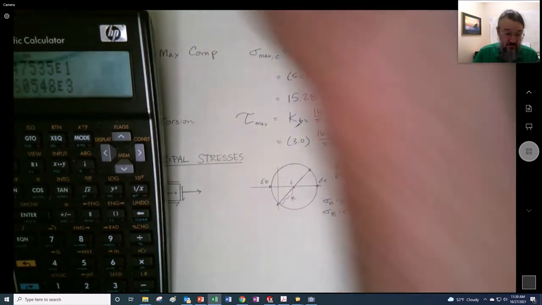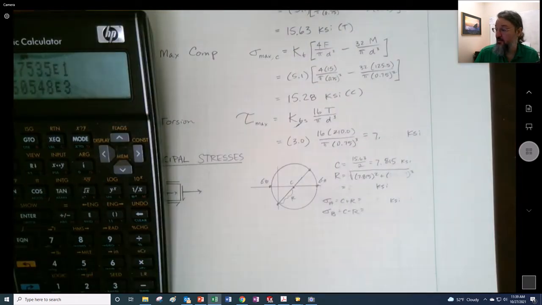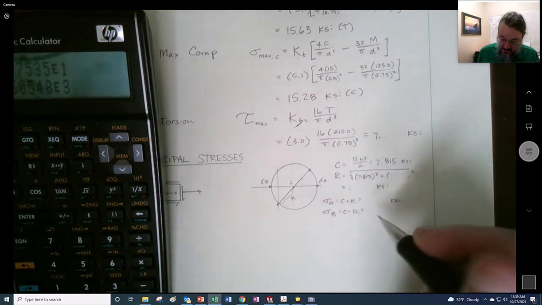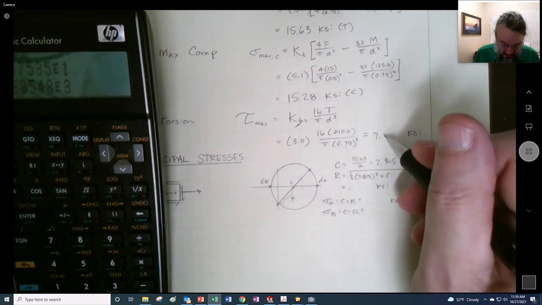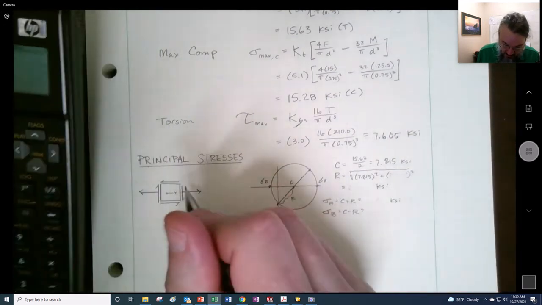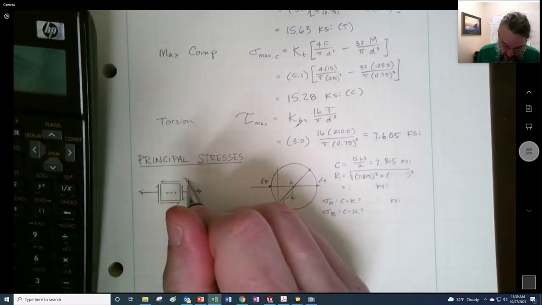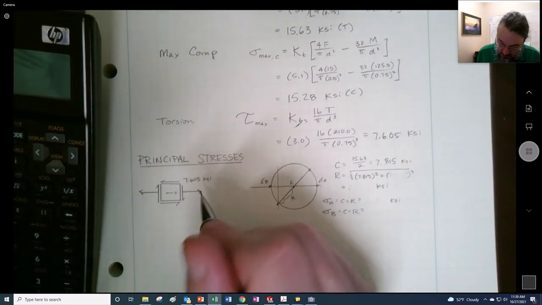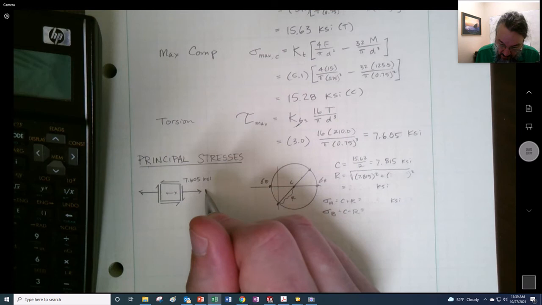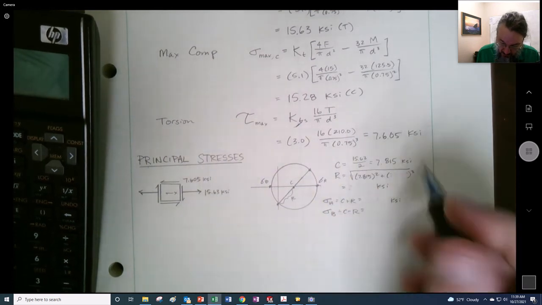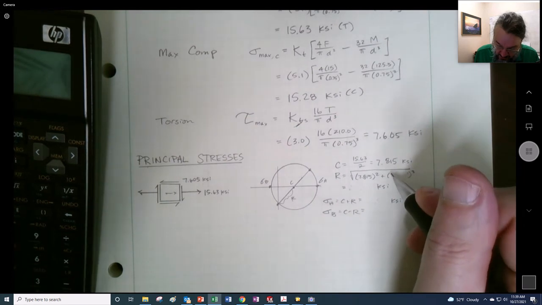Let me escape out of that and give another decimal place. Yeah, 7. So sorry about that. 7.605, and so this should be 7.605 KSI. Yeah, and then I said 15.63 KSI. Okay, so that was correct right here, but this was wrong.